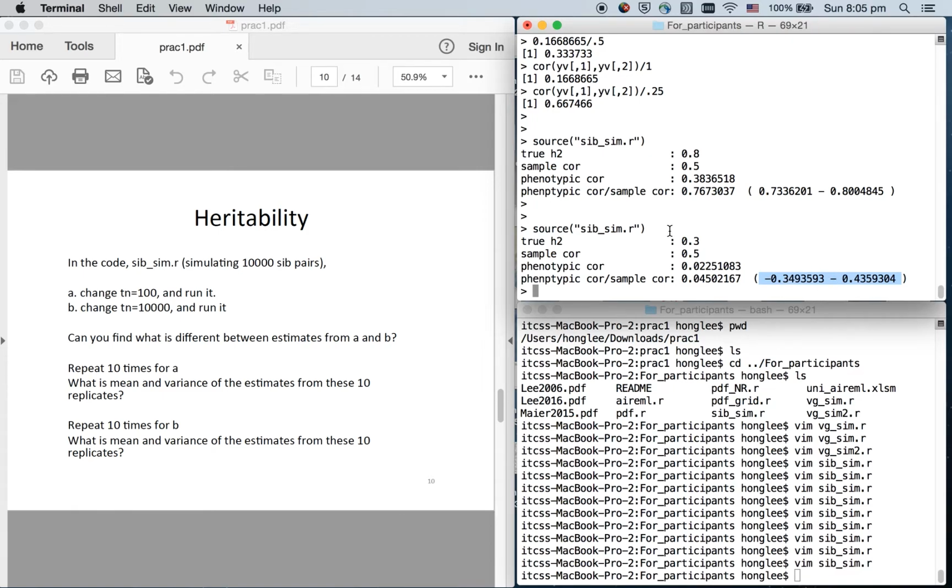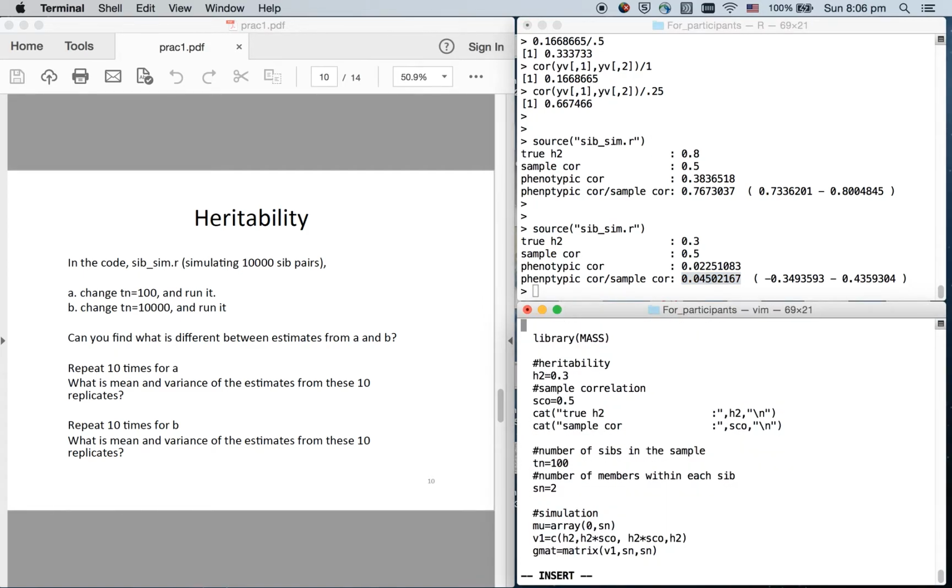This actually includes the true value, but it is a huge interval. So the precision is not that high, right? That is expected because you used only 100 records. Now what if you try with 10,000?